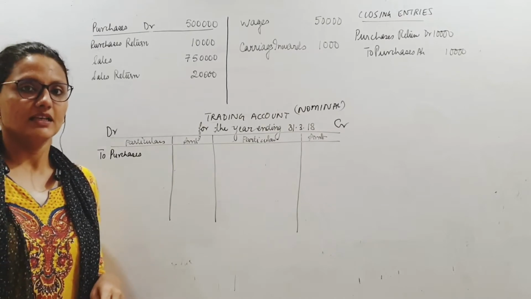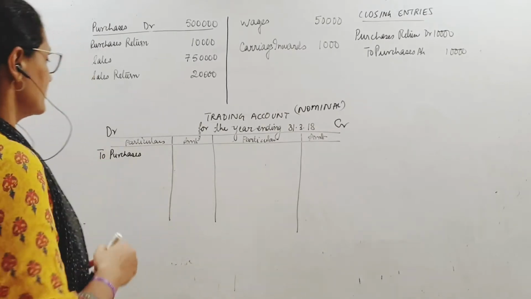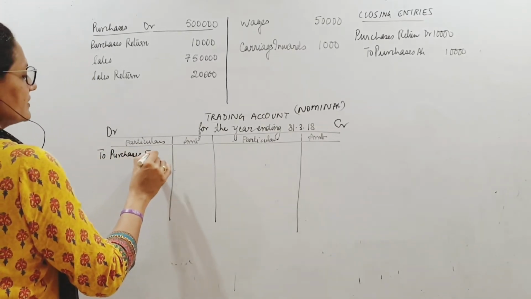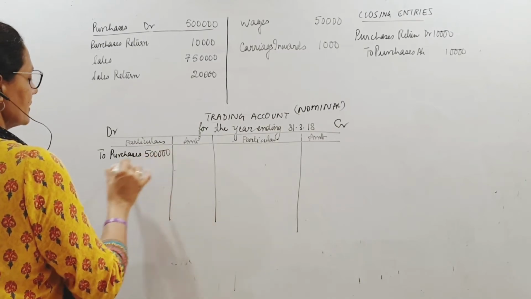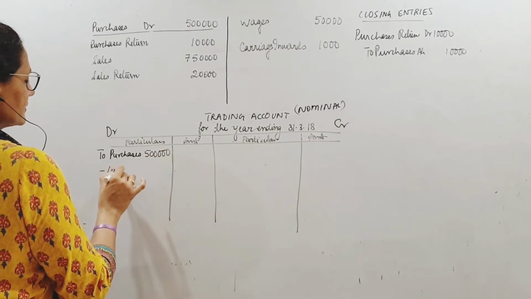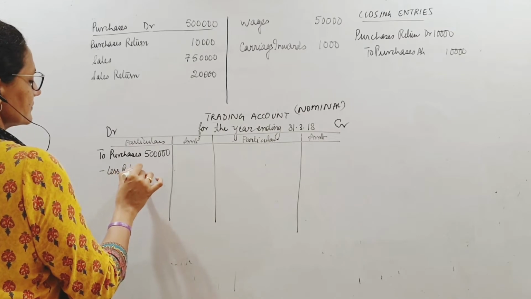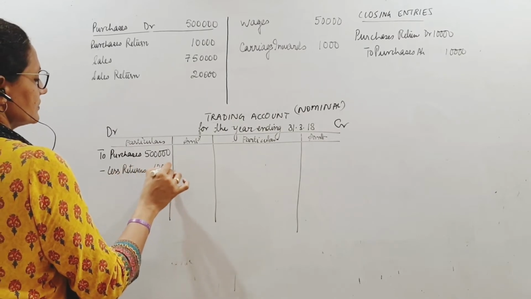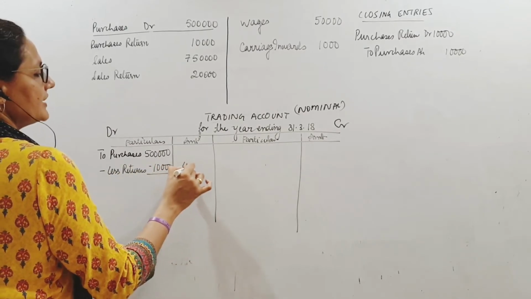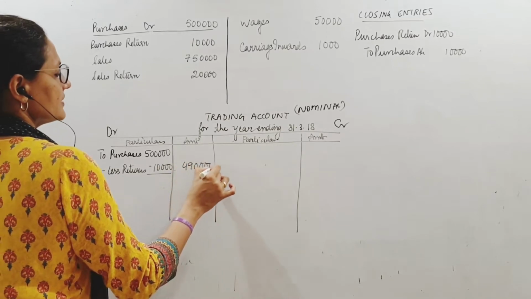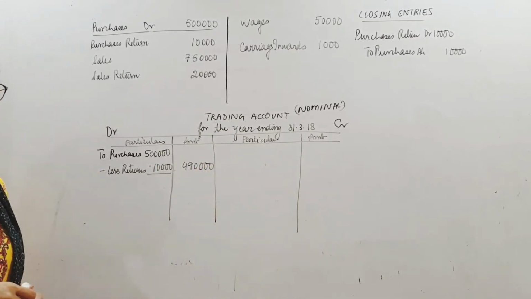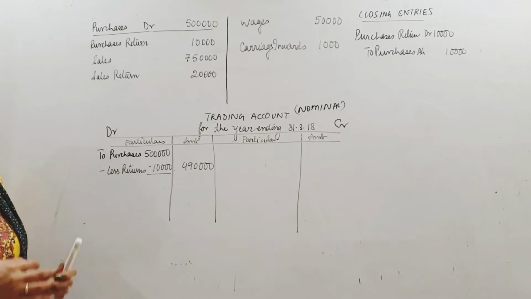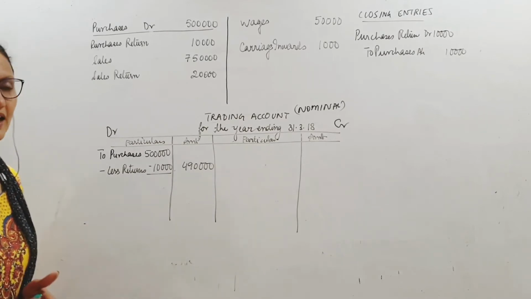Purchases account is a debit balance account which I am crediting. Expenses will go down: we credit an expense, the expense goes down. So here we put 5 lakhs minus returns 10,000. Therefore, my net expense on purchases is 4,90,000. Net purchases is 4,90,000.